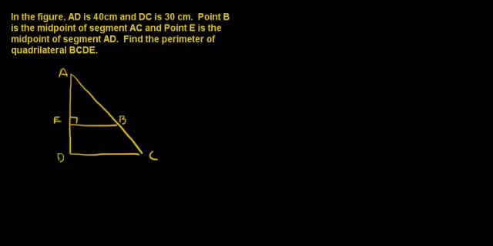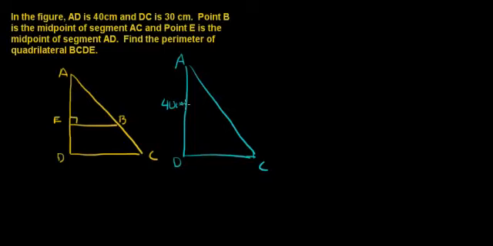We need to find its perimeter. So let's look at what we got. If we pull out the larger triangle, make a quick sketch of it, we know that AD is 40 centimeters. We're also told that DC is 30 centimeters. Point B we know is here, it's midway. And point E is here, and it's midway.